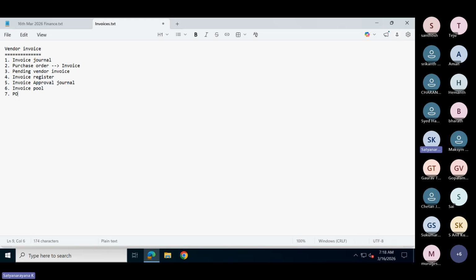Next, purchase order to invoice using advanced warehouse management. Next, purchase order to invoice using transportation management.